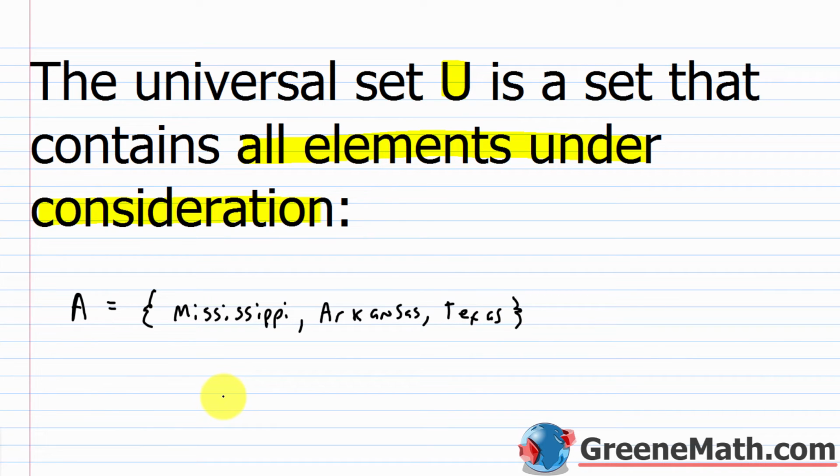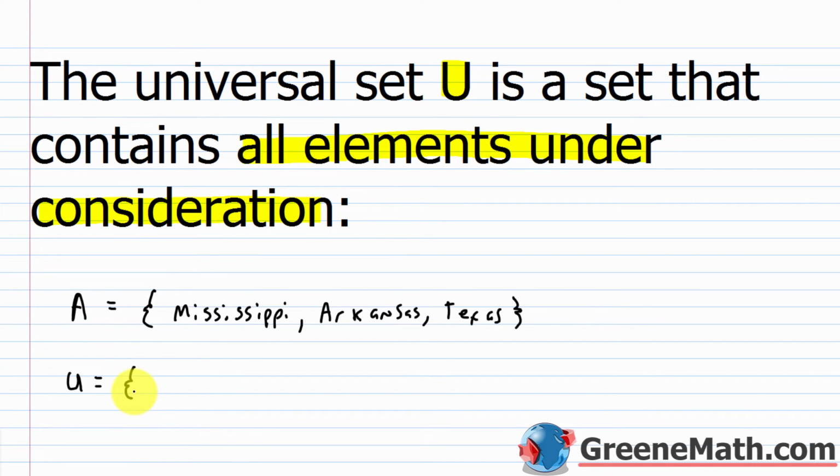But if we think about the universal set here, what are all elements under consideration? Well, we're talking about states in the United States of America. So all elements under consideration would be all of the states in the United States of America. So the universal set here would contain every state. Now, we're not going to list all of them.